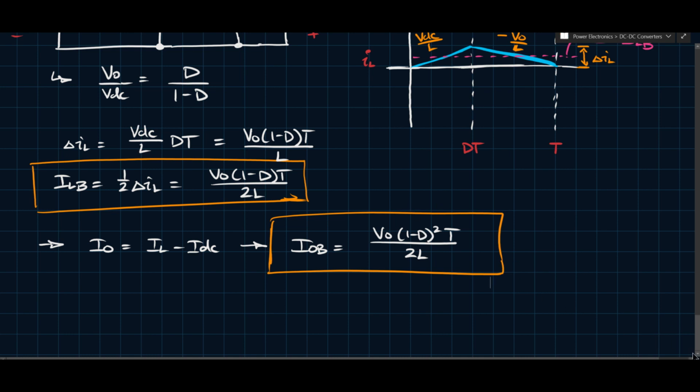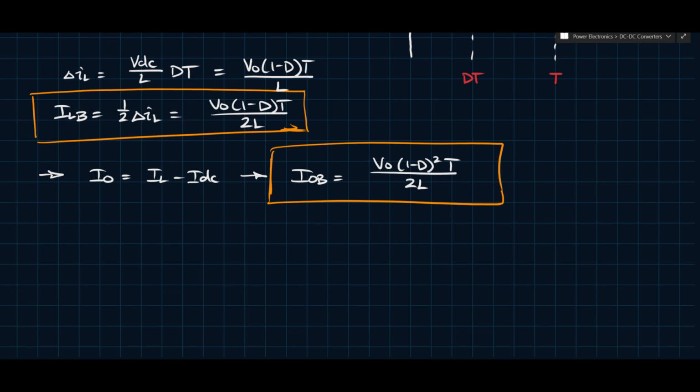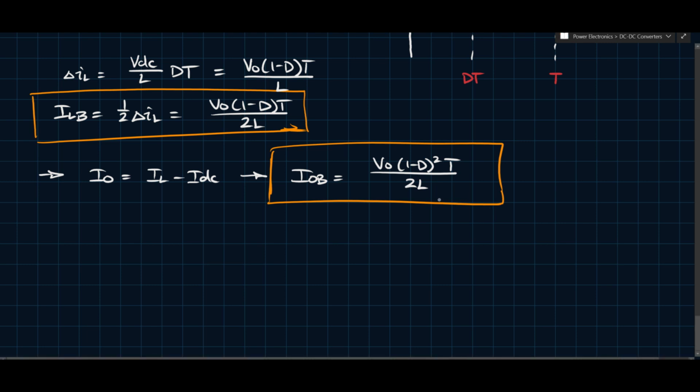Now, we can also go a little bit further and write what the maximum boundary currents are. The maximum boundary currents will be based on the actual equations of the currents themselves. So we see from ILB's equation that ILB max happens at D equals 0, because when D equals 0, this numerator is maximized. And so ILB max is equal to VO T over 2L, when D equals 0.